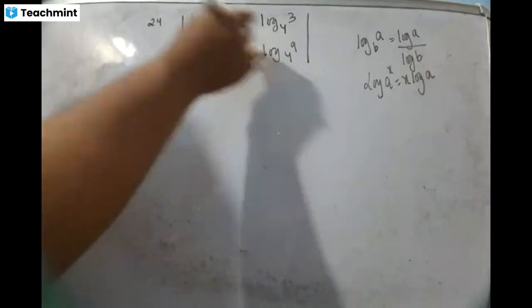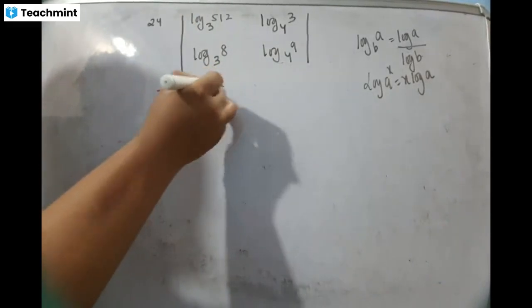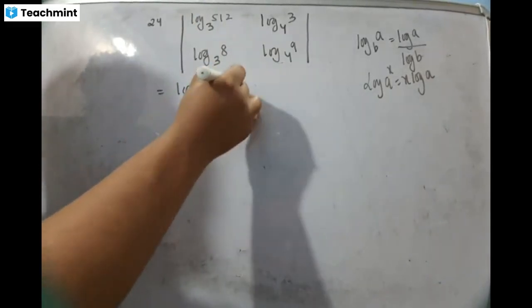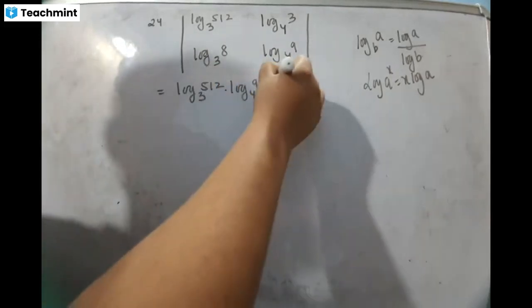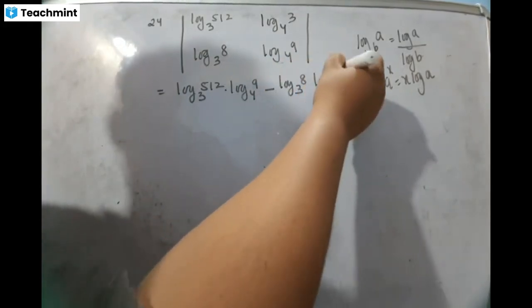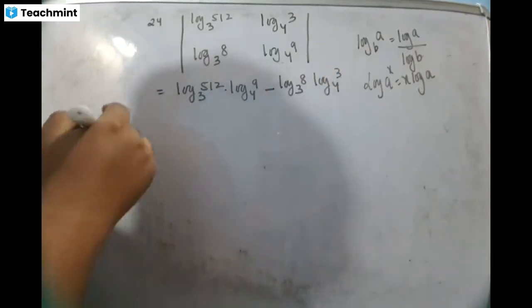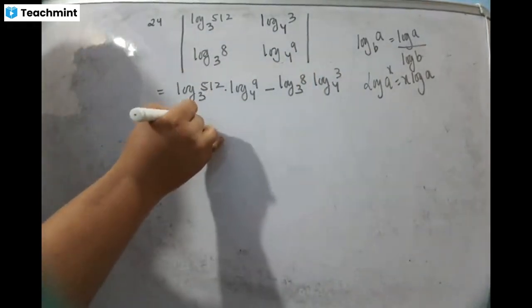So when you multiply these two, what do you get? When you expand the determinant, log 512 to the base 3 into log 9 to the base 4, minus, in the middle, log 8 to the base 3 into log 3 to the base 4. Next, log a to the base b, you know what it is?